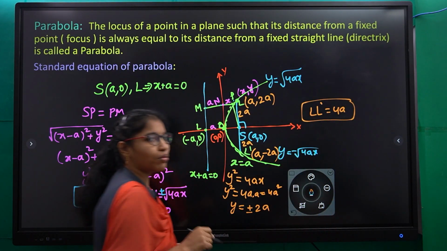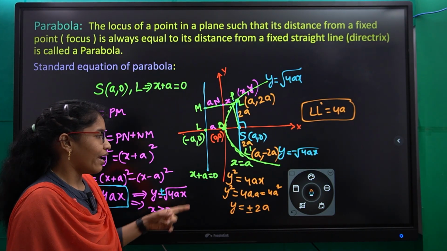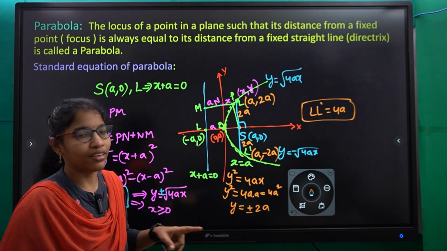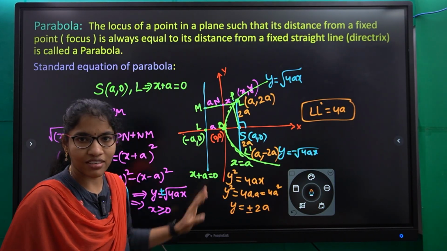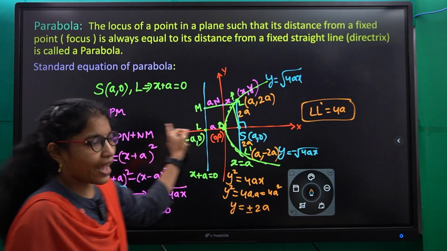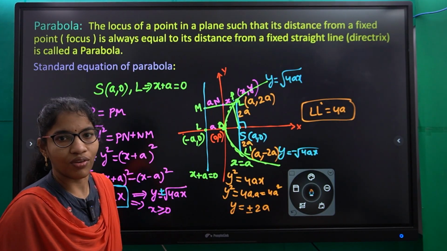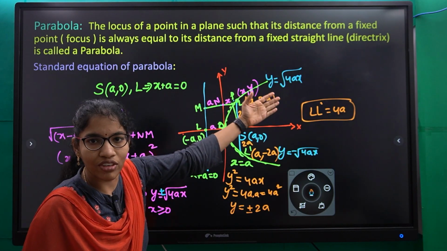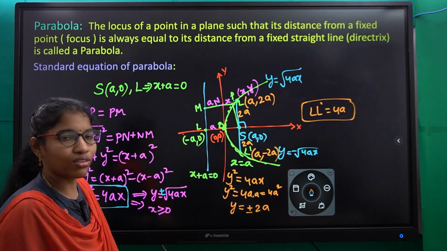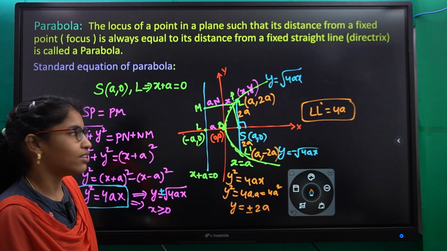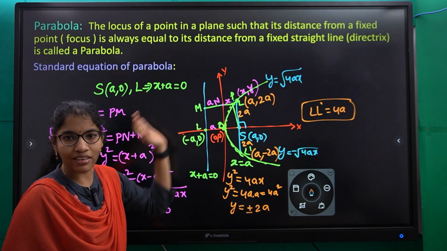So for the parabola y square equals 4ax, the length of the latus rectum is 4a, the vertex is the origin, the directrix equation is x equals minus a, the latus rectum equation is x equals a, and the axis is y equals 0, right? The focus is (a, 0), and above the axis it represents y equals plus root 4ax and below the axis y equals minus root 4ax. Clear this one? Right.